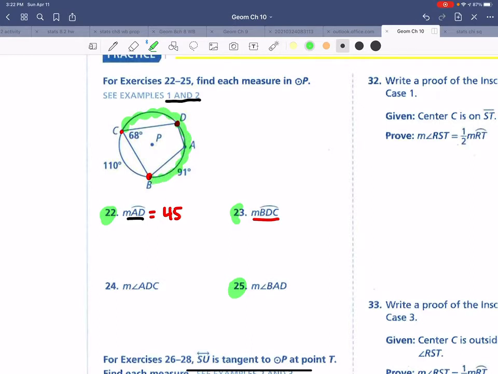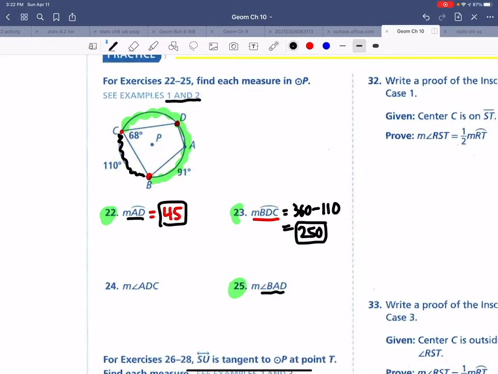So that's kind of straightforward, because if that's 110, this would be 360 take away 110. So 250.